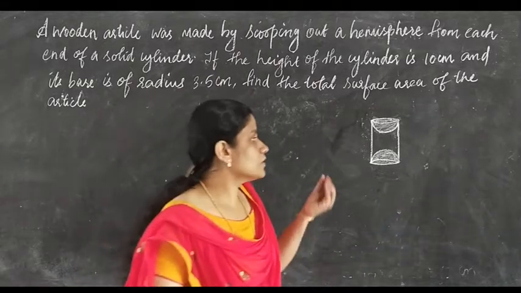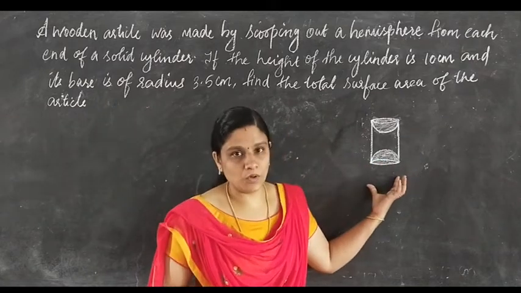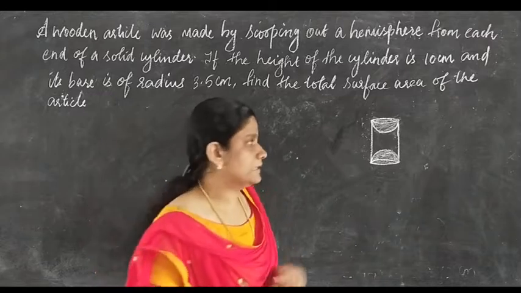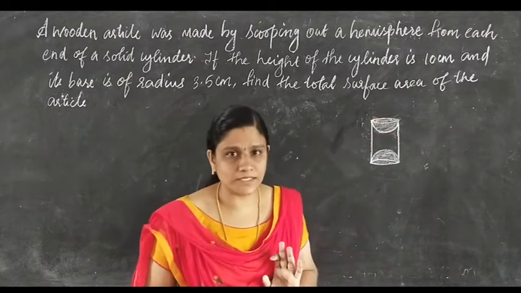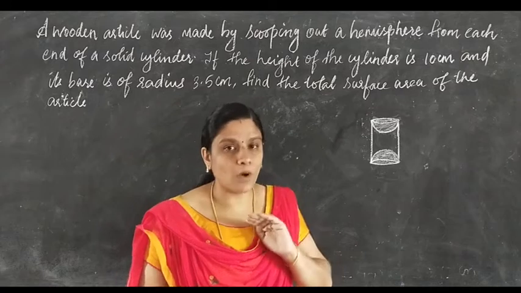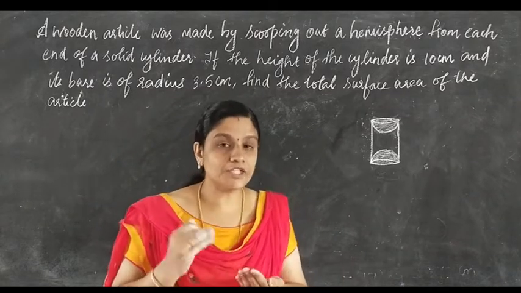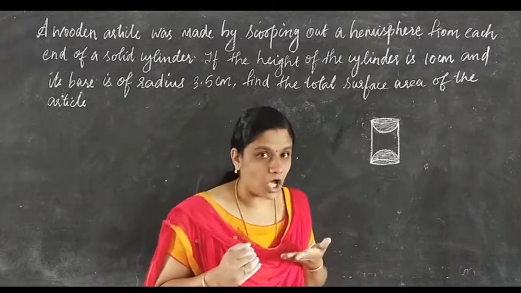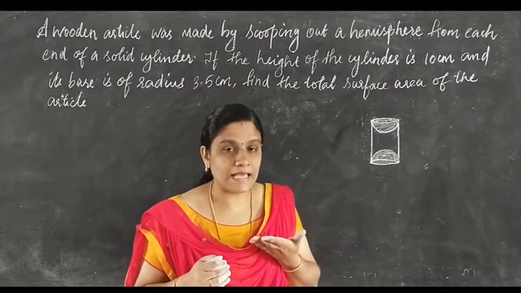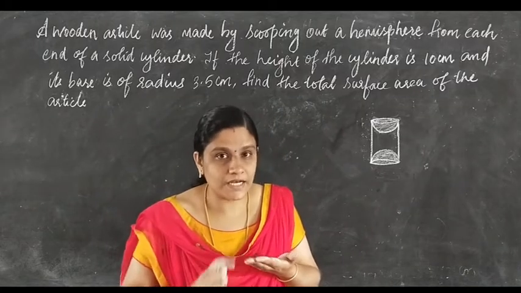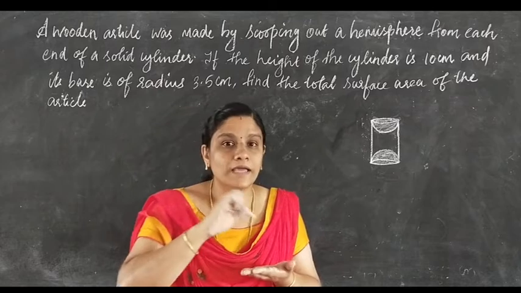So the total surface area means we'll consider the top and the bottom. When we consider the top and the bottom, it is scooped out. When you see at the top, which solid shape can you see? We can see a hemispherical shape over there. That is the CSA of hemisphere.